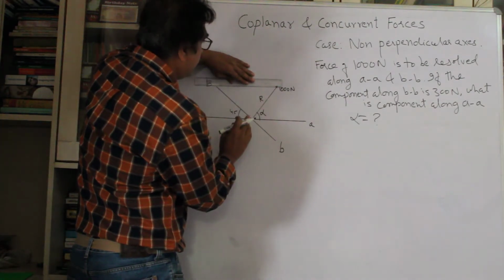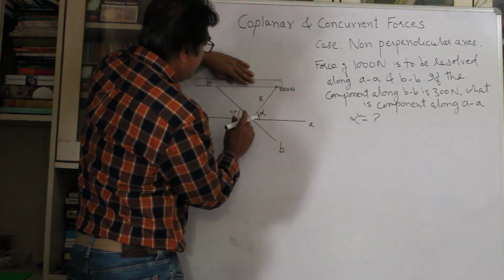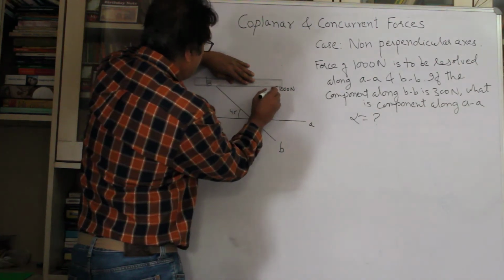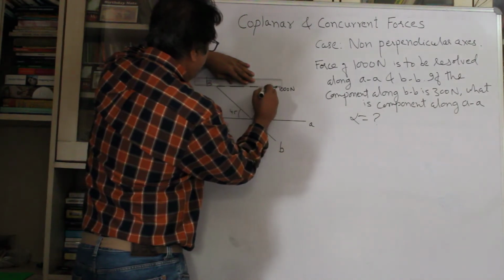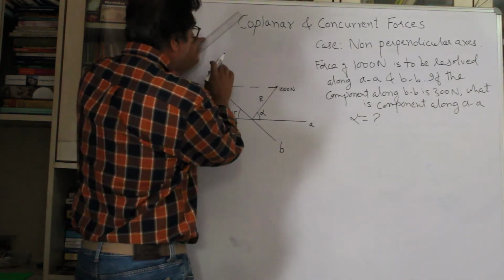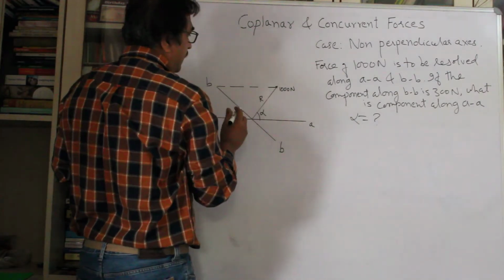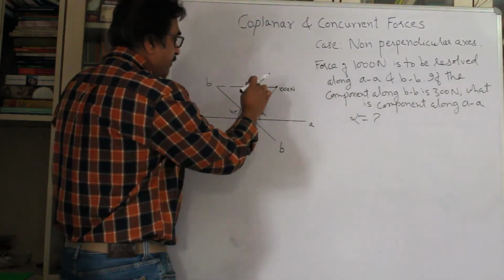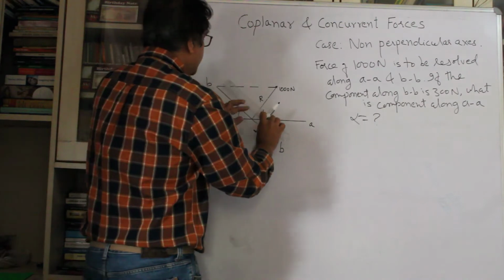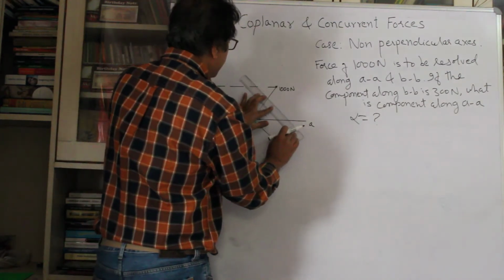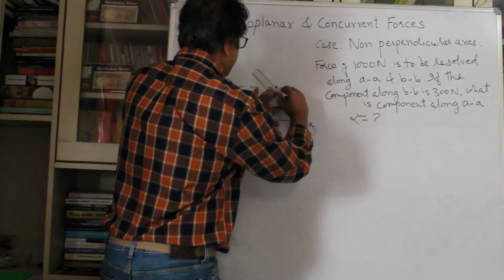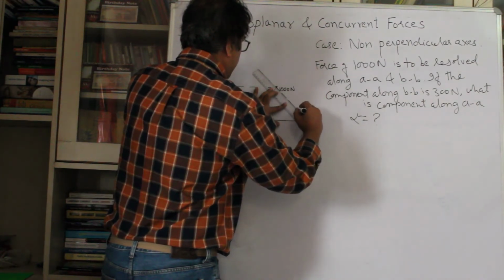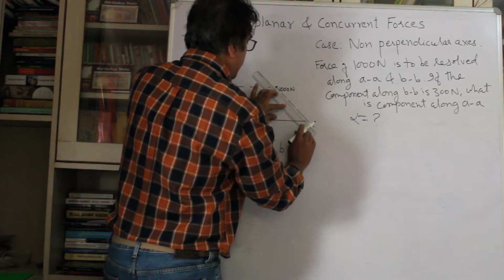So if this is parallel, yeah. This is the parallel, and I can draw a line parallel to BB from this tip again. Okay.